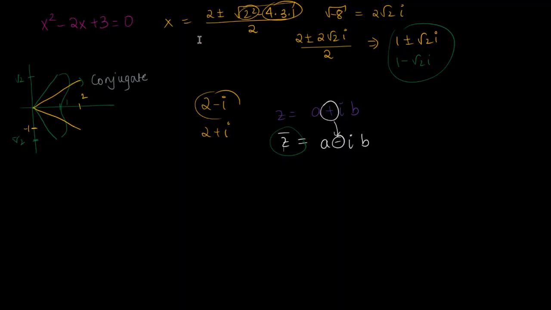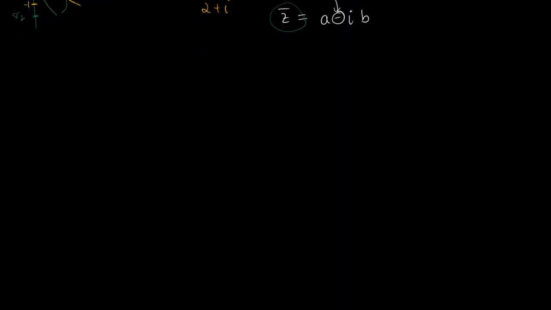So let's try thinking about some properties. If you took the conjugate of the conjugate, what would that mean? You reflect something, let's say this is your reflection, and then you reflect it back again. Since there is only one unique reflection that you can have, this will be just the same.